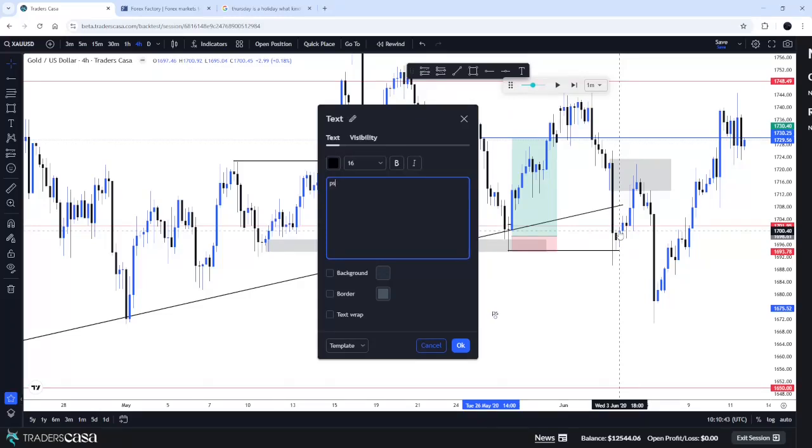So here the confluences were: we had our psychological level. So these are confluences.